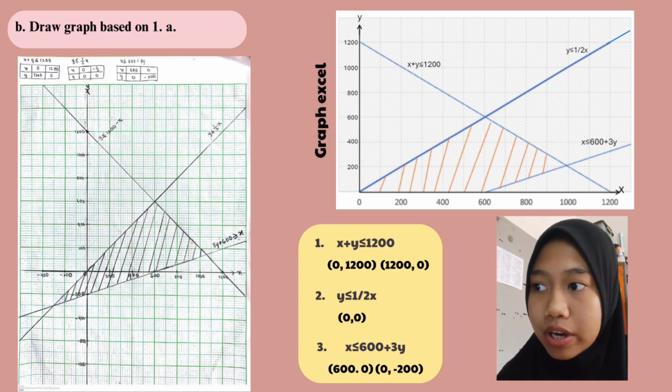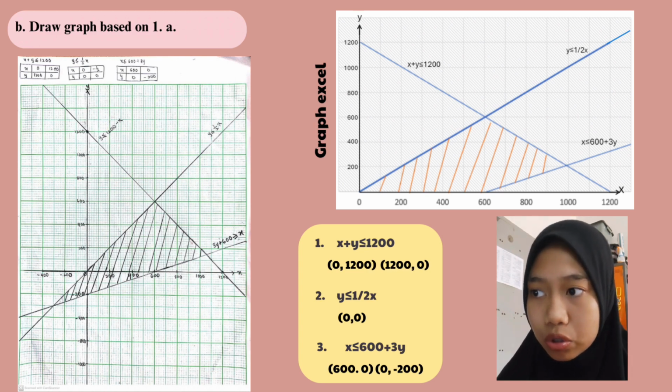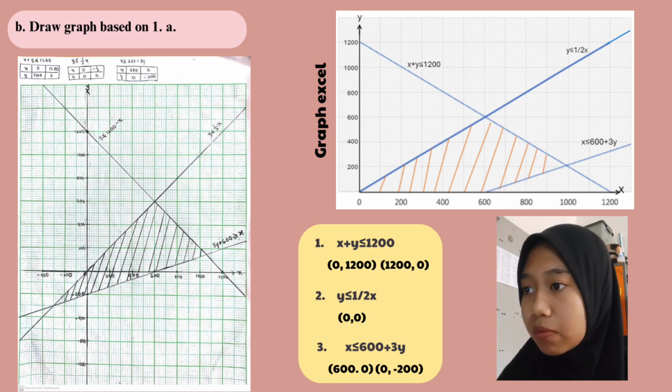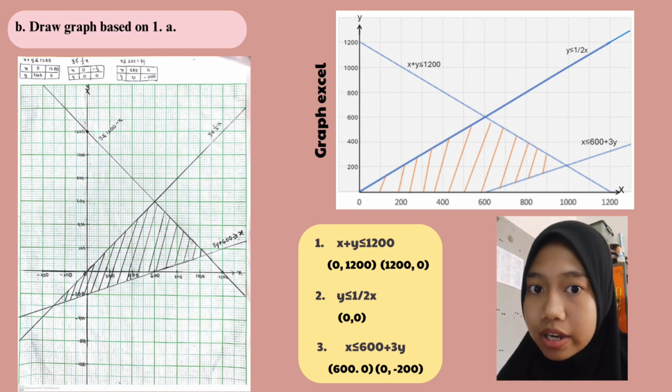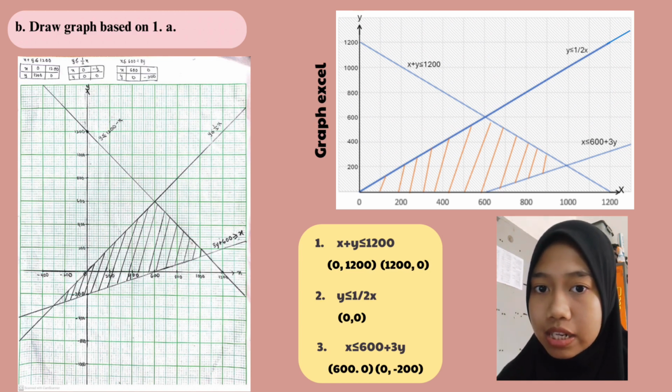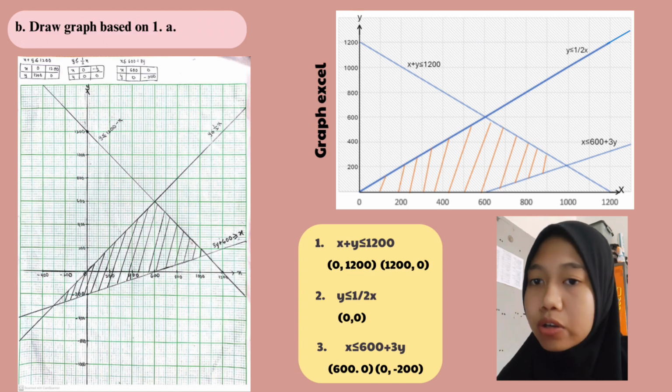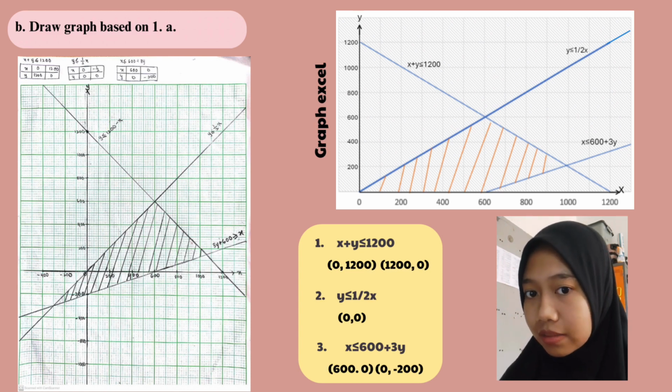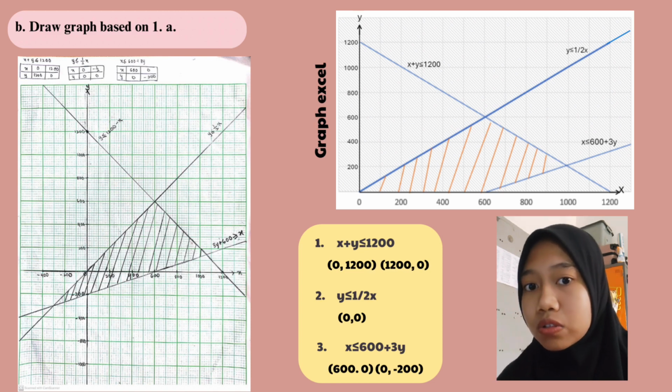For the equation, when X is equal to 0, then Y is 1200. And when Y is equal to 0, then X is equal to 1200. For equation number 2, Y greater than or equal to 1/2 X, when Y is equal to 0, then X is also 0.